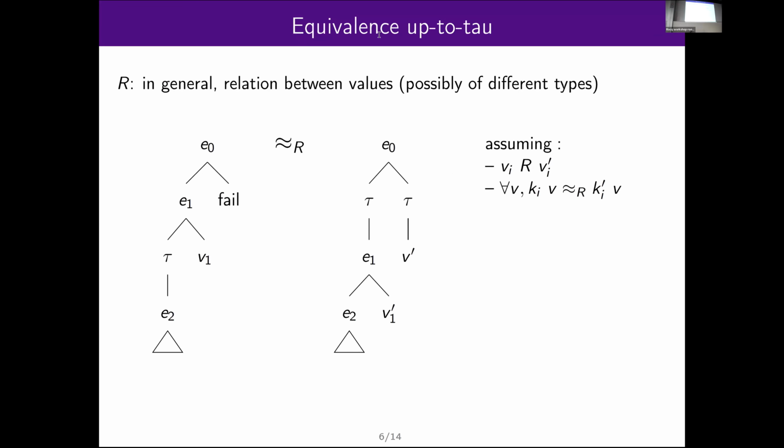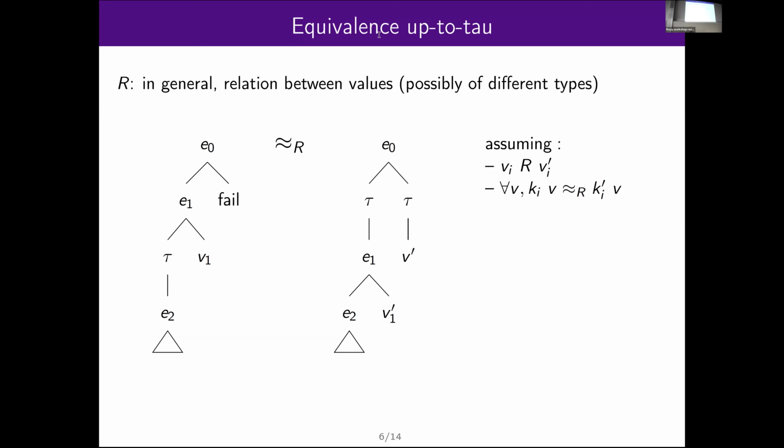Okay, so now, what does it mean to relate two programs? I want to relate source and target. So we can represent our computations as trees. Here you see a relation that requires the two trees to differ only by a finite number of silent transition steps, these tau steps.